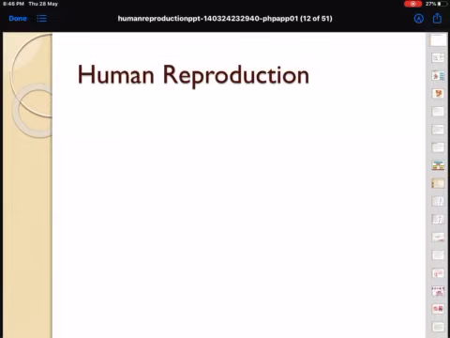How are gonads able to produce the gametes? And what are the various structures that are involved in this? We are also able to understand the structure of the male reproductive system, the female reproductive system, and the various hormones that are secreted both in male and female and their influence on the gonads.